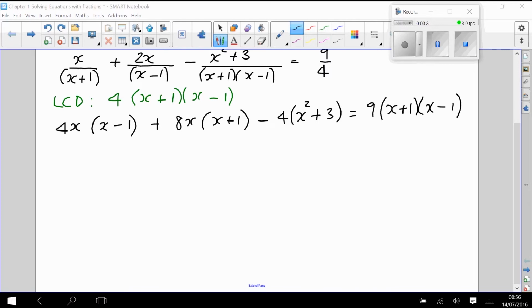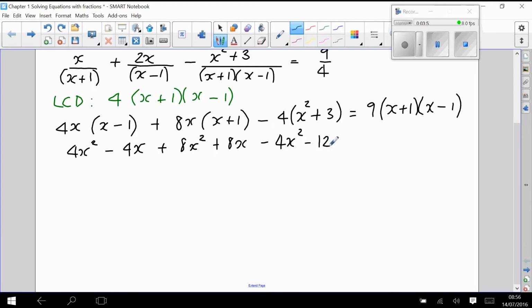So distributing 4x times x is 4x squared. And then I have minus 4x plus 8x squared plus 8x minus 4x squared minus 12.